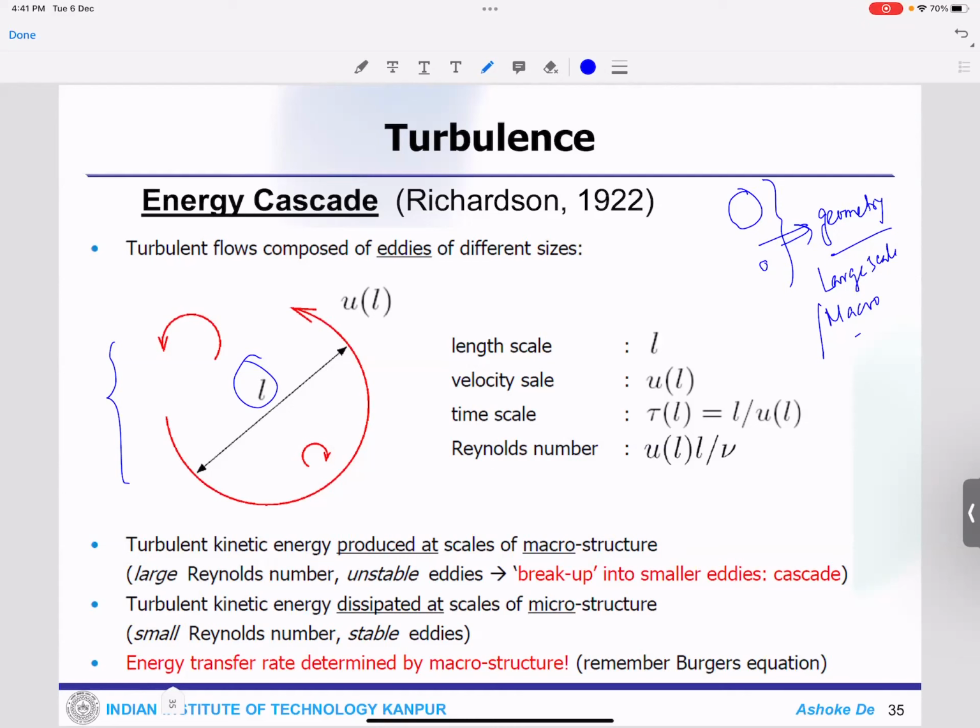Now this macro structure carries the energy, and then through vorticity motions it breaks down into smaller structures. Then the smaller structures break down into still smaller structures, and finally that gets dissipated. This is what is called the energy cascading process.